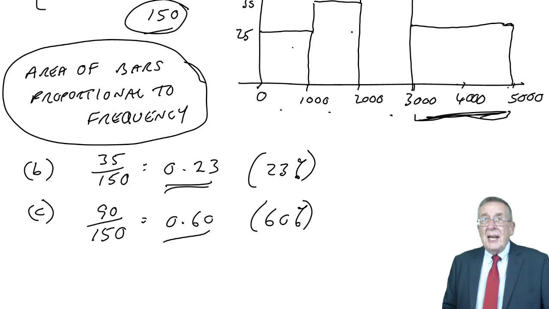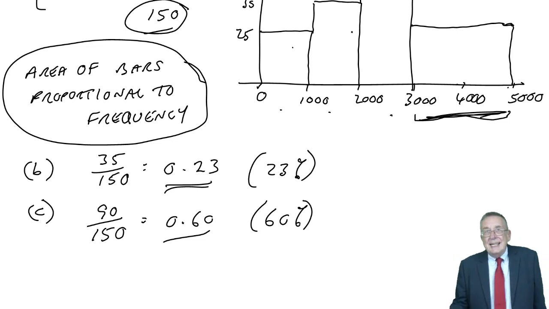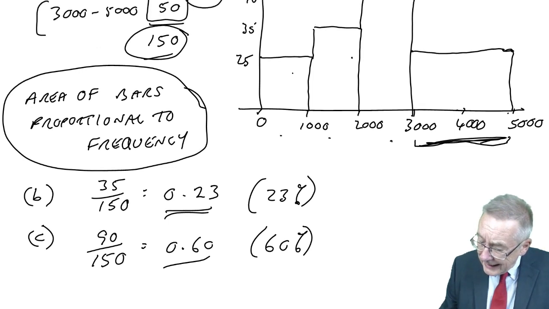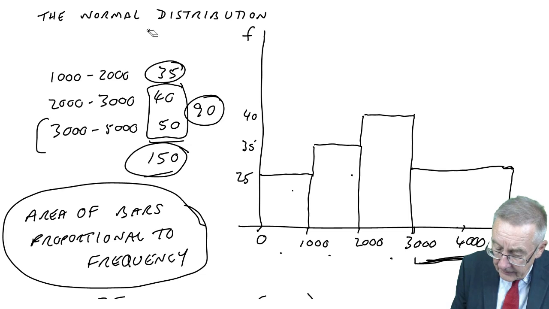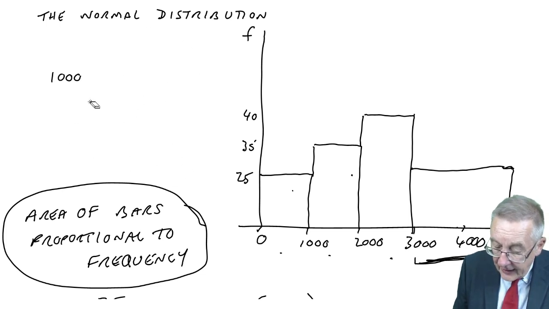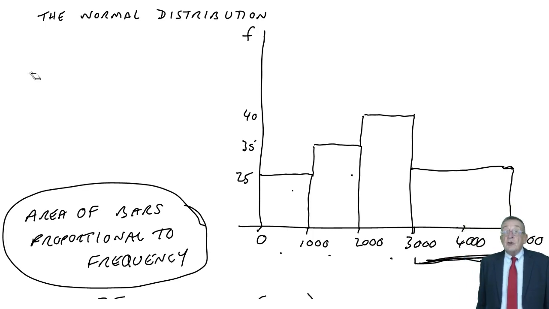But, to take it one step further, as a lead-in to normal distribution, suppose I didn't give you that table. Suppose I just gave you the histogram and I said that histogram has been drawn accurately.